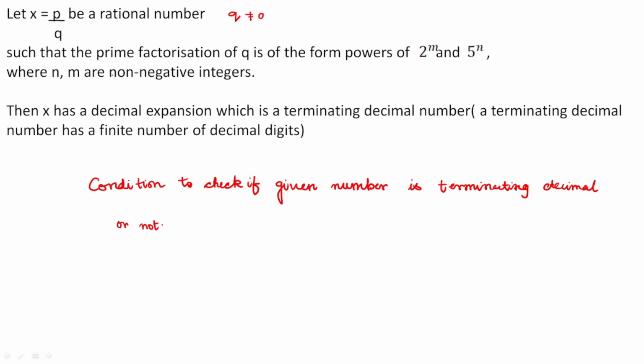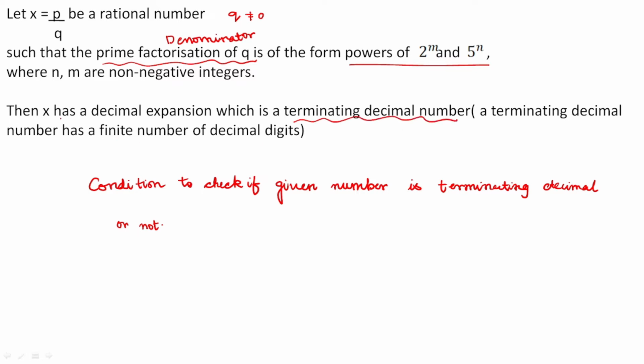We always consider the prime factorization of the denominator, and the factors you get should be in the form of powers of 2 and 5. That means you can get numerous factors, and all of them have to be powers of 2 and 5 only, for a terminating decimal number.